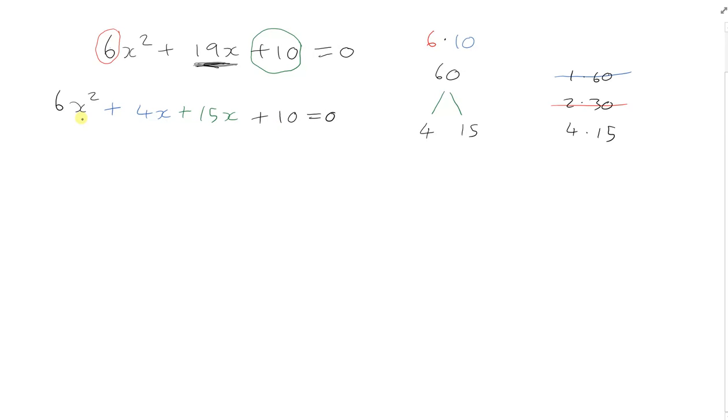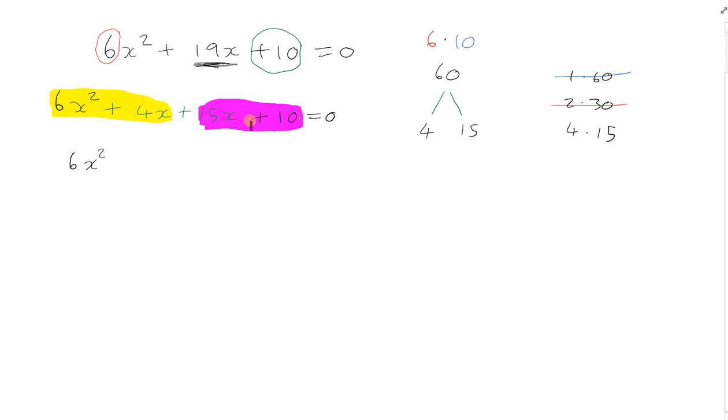Now what you're trying to do is group like terms. You're going to be taking the first two terms together, focusing on these two terms together, and then focusing on these last two terms together.